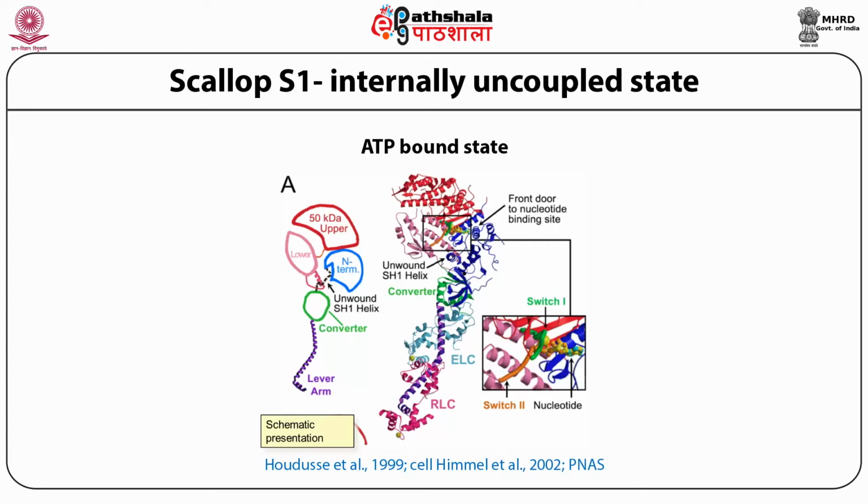If you look at the structure, the upper 50 kilodalton domain, lower 50 kilodalton domain, and N-terminal domain are in exactly the same place, but the SH1 helix is melted and the connection between the motor domain and the lever arm is lost. Now this structure represents the ATP bound state where the structure is wobbly and it should not transmit the unproductive movement of myosin in the contractile cycle when the nucleotide is bound.